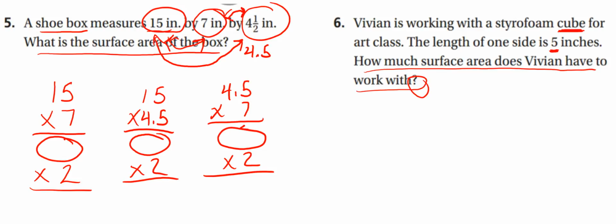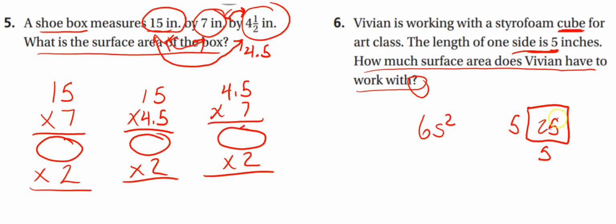So remember, it's 6 times s squared that would give me the surface area of a cube, where s is the length of the side. So if we think about it, it's 5 by 5, which is 25, and then there's 6 of these sides.